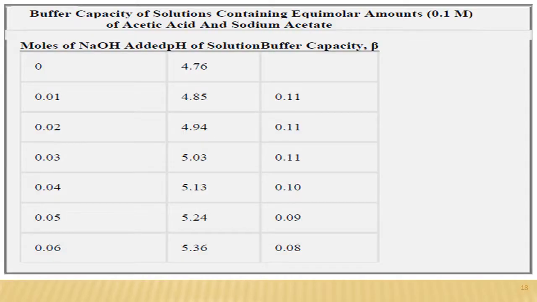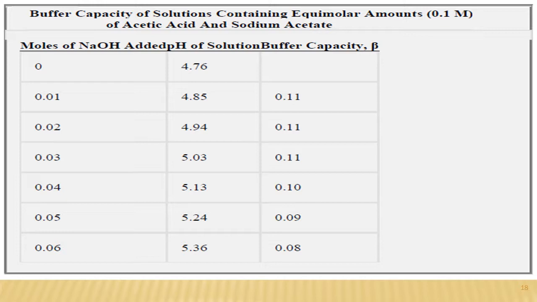We have this table that explains the buffer capacity of a solution containing equimolar concentrations of salt and acid. On the left side, the number of moles of sodium hydroxide increases: 0.01, 0.02, 0.03.